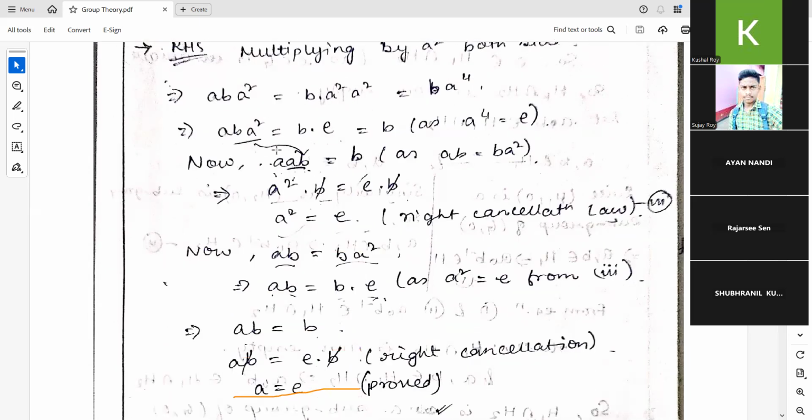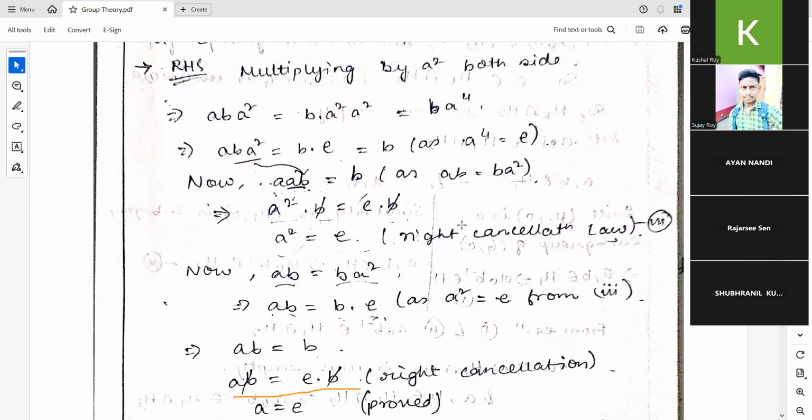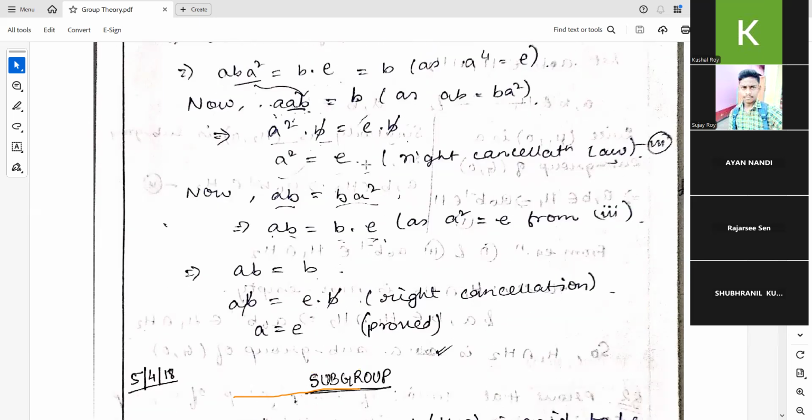So that means what you get? We get aab is equal to b. So that means a square b is equal to b. So we can just cancel out b from both sides by the right cancellation law. So therefore a square must be identity. So now a square is identity.